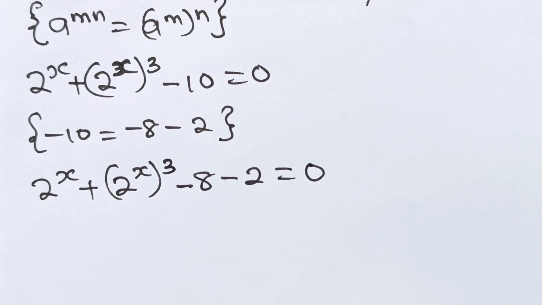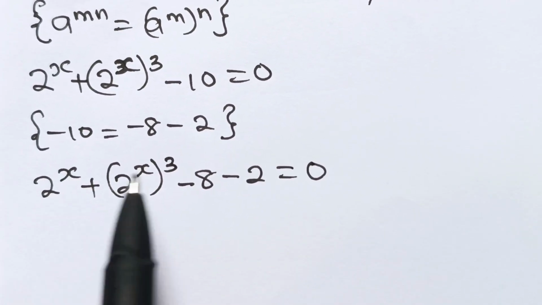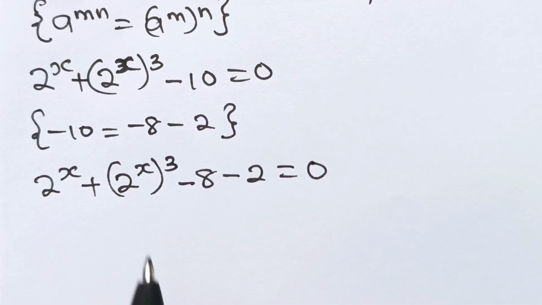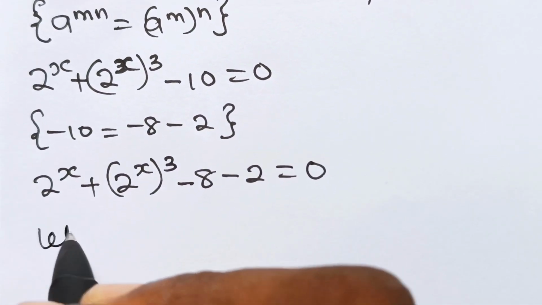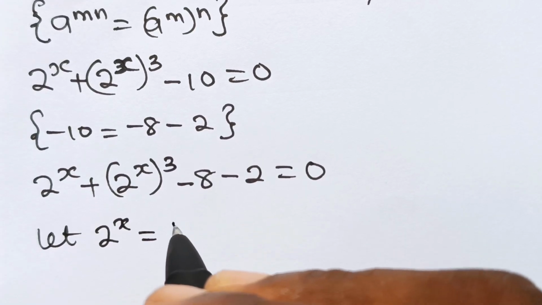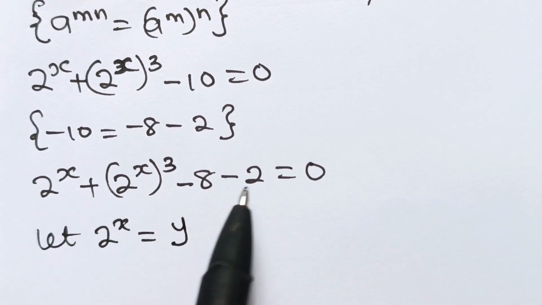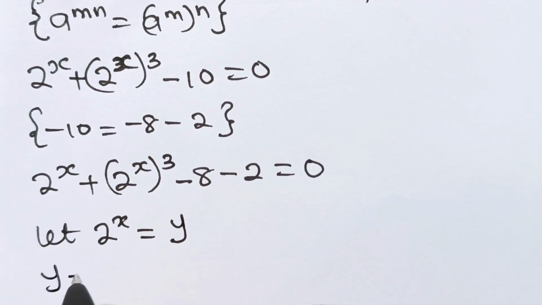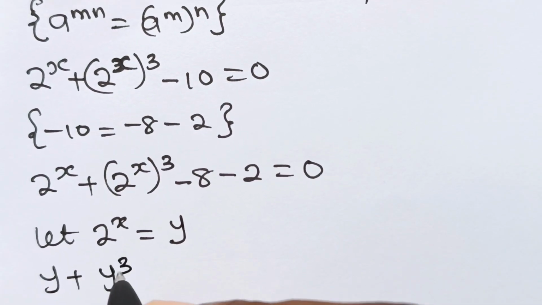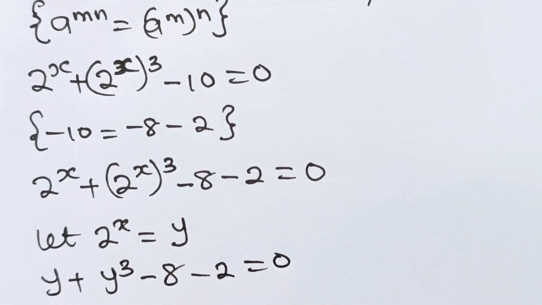Now, to simplify this further, since we have 2 to the power of x here and 2 to the power of x here, we can say let 2 to the power of x be equal to y. So if we do that, this equation becomes y plus y to the power of 3 minus 8 minus 2 is equal to 0.